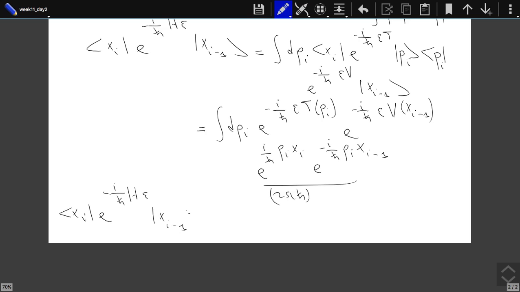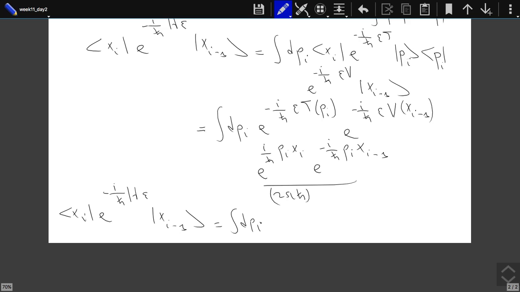This is equal to the integral over pi. Now, in this last expression, none of them are operators. Everything is just functions of numbers, because the operators already acted on states, and we picked up the eigenvalues in those states, which are just numbers. So I don't need to worry about the commutation relations anymore.